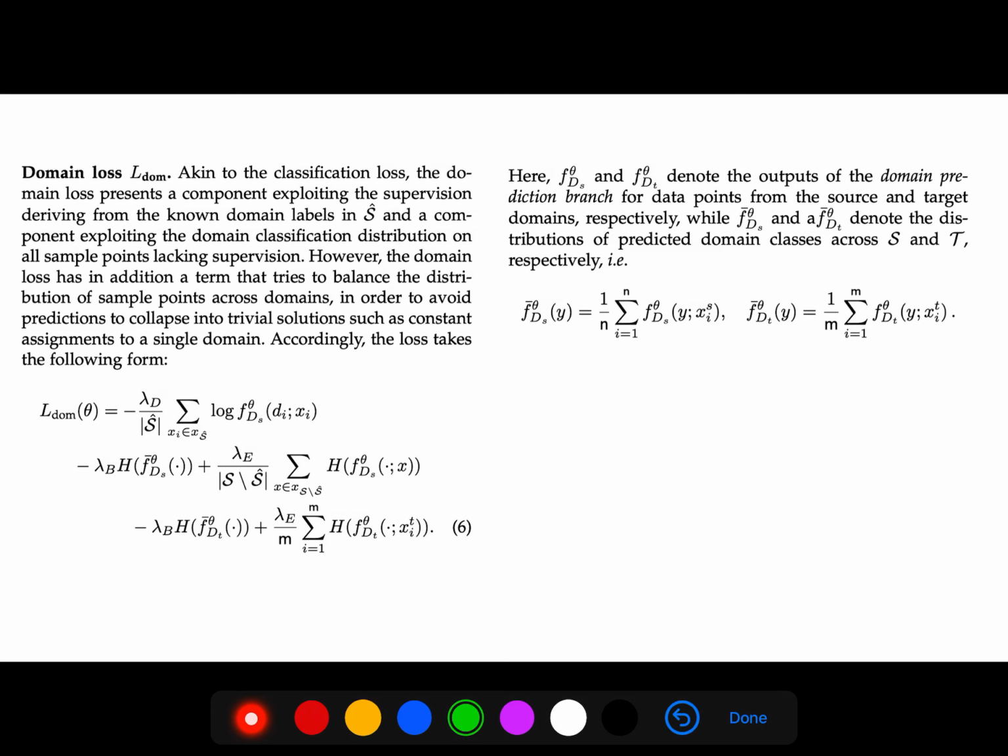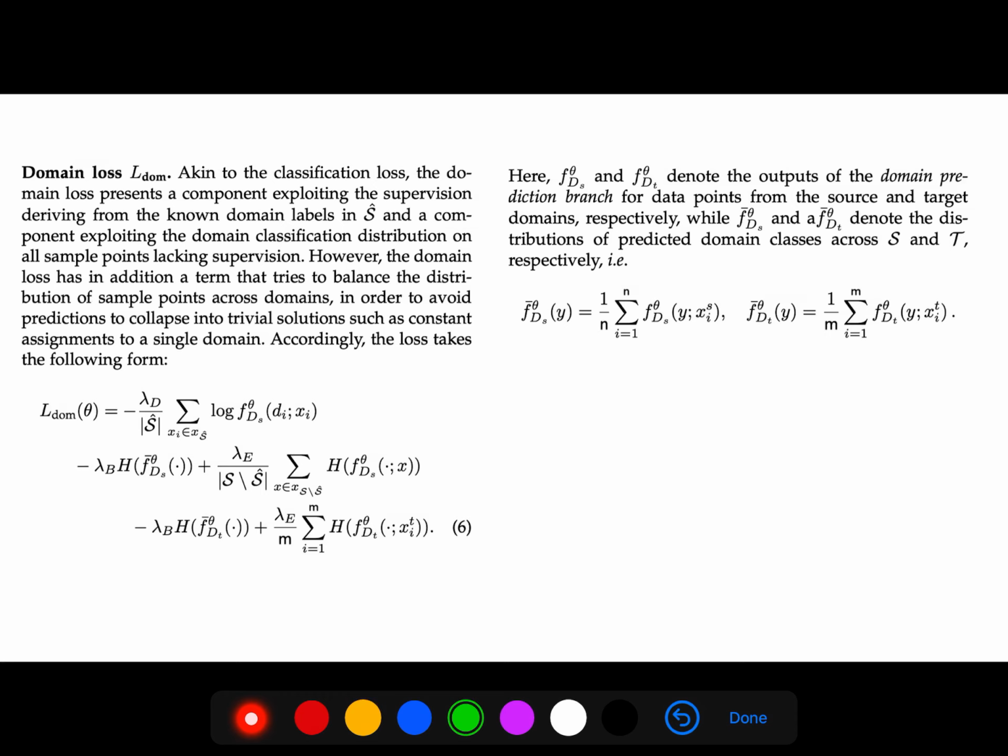And here we have a domain loss akin to the classification loss. A domain loss presents a component exploiting the supervision deriving from the known domain labels, and a component exploiting the domain classification distribution on all sample points lacking supervision.